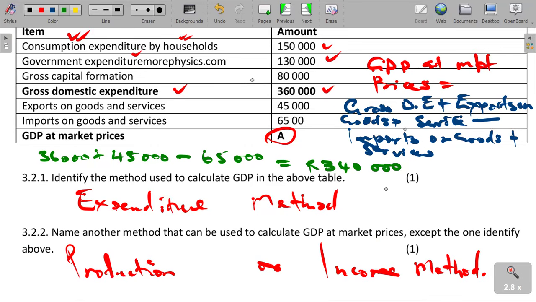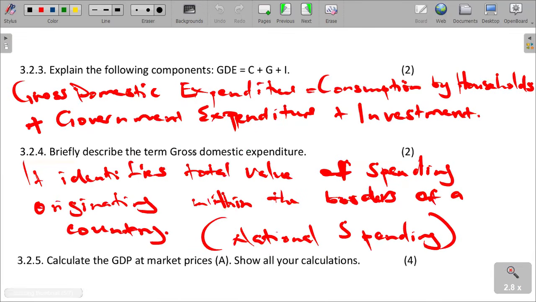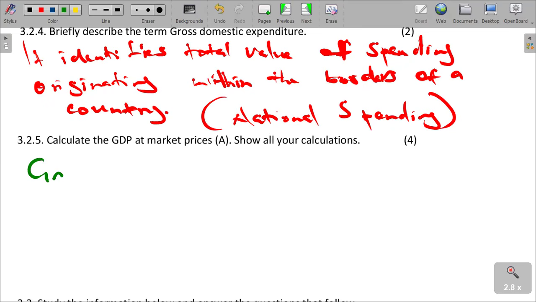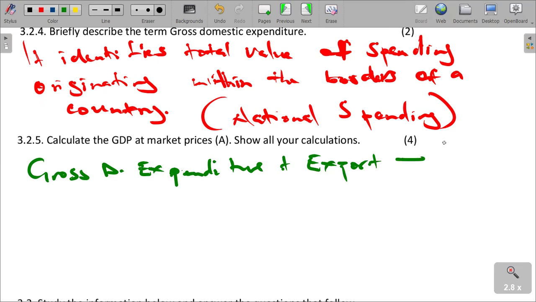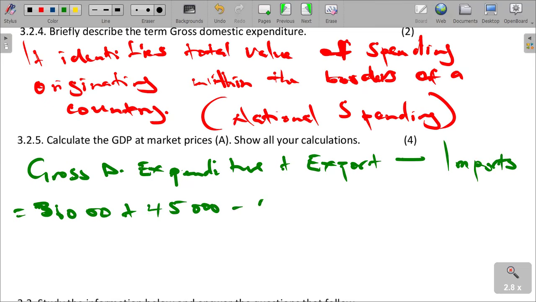Gross domestic expenditure plus exports minus imports, which I have said is 360,000 plus 45,000 minus 65,000.